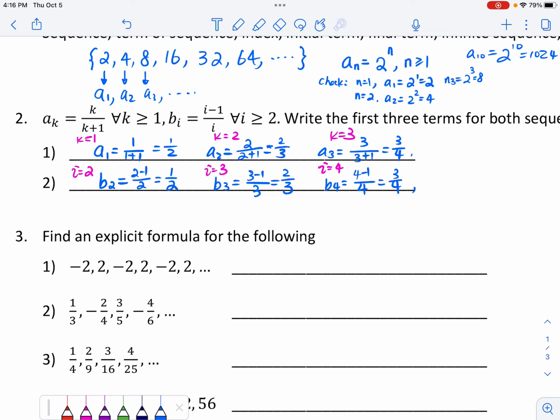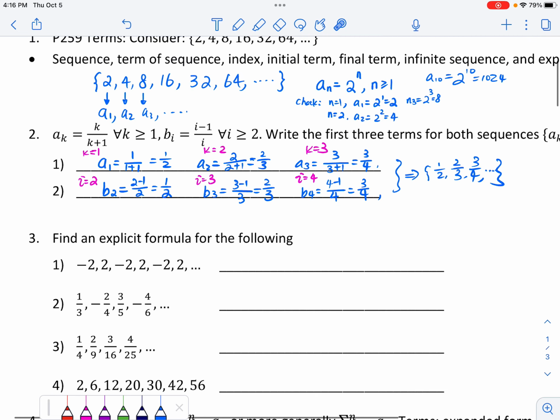And the pattern continues. You probably notice that both formulas produce the same numbers, right? So actually both produce 1/2, 2/3, 3/4, and so on and so forth.